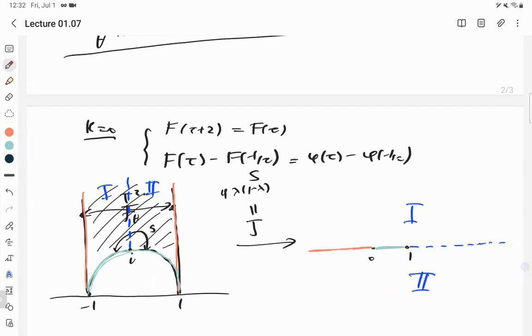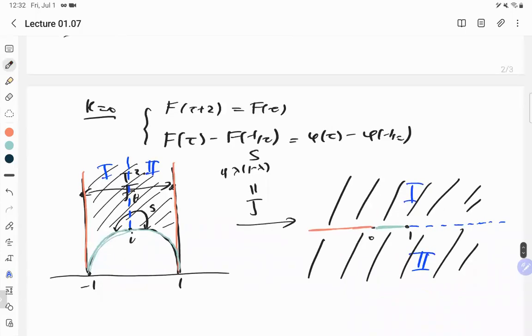So, okay, let's see what happens. Now what we want to do is solve the same problem, but in these coordinates. And then the problem becomes, across this dashed line, there's nothing. So it's just holomorphic. So we want a function which is holomorphic in the image of the domain.